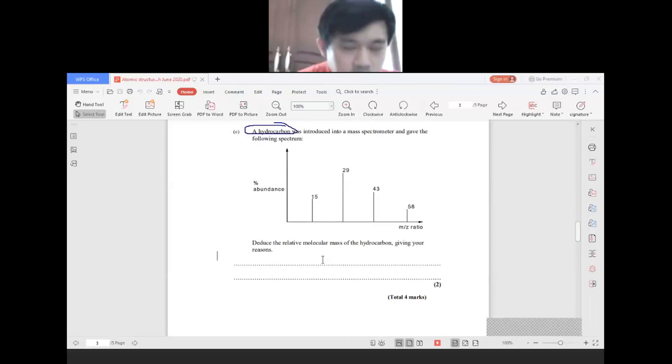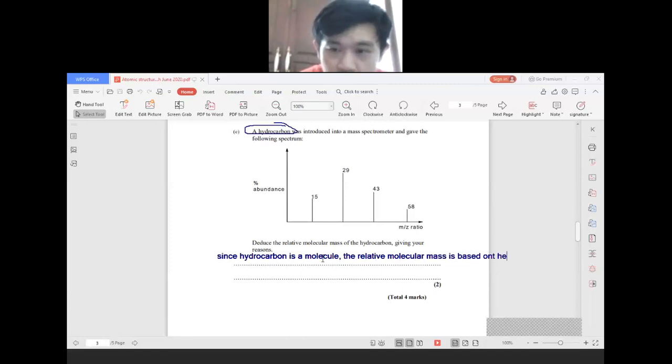Since a hydrocarbon is a molecule, the relative molecular mass is based on the highest m/z ratio.